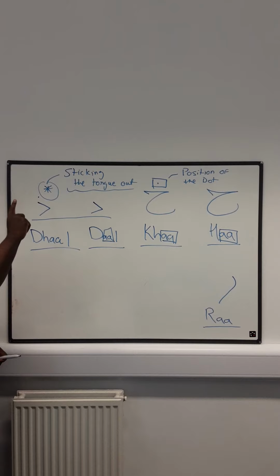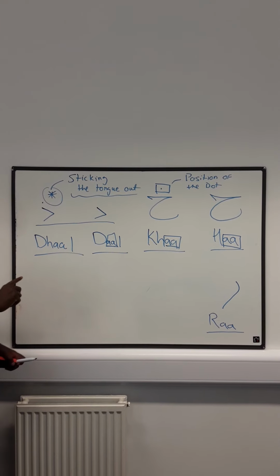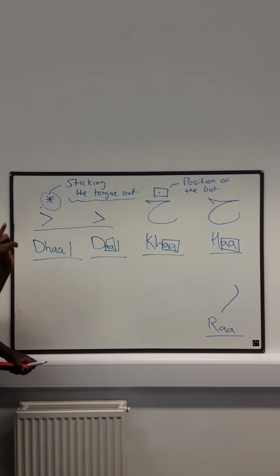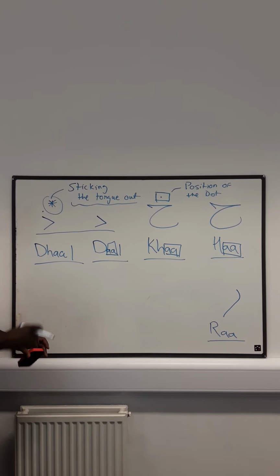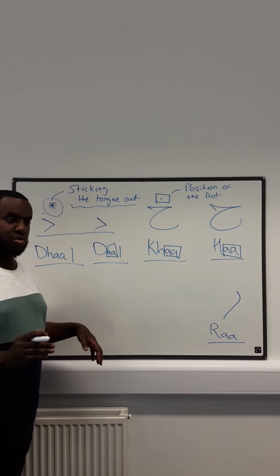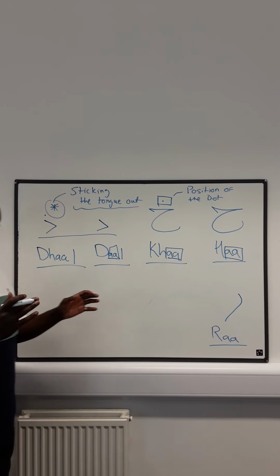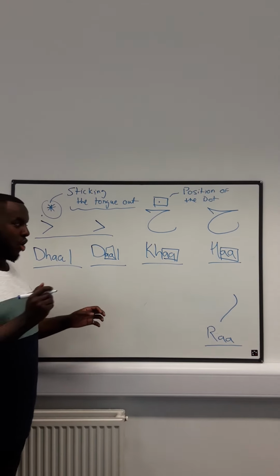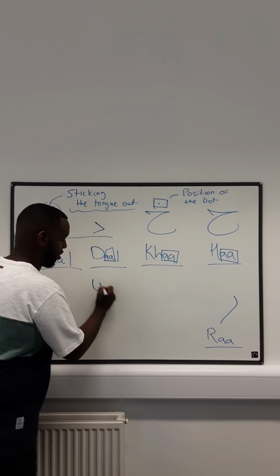So, review this video, kids. Make sure you understand those letters. Between this video and the last video, I want you to bring the letters together on paper. Write the letters down.